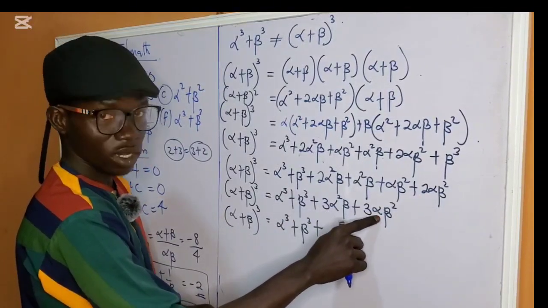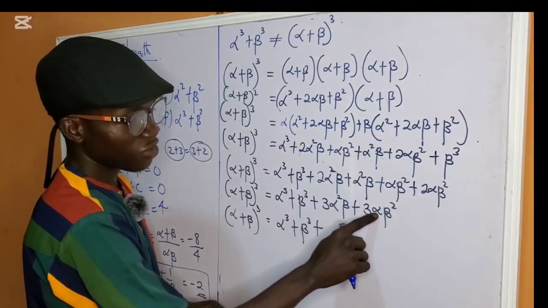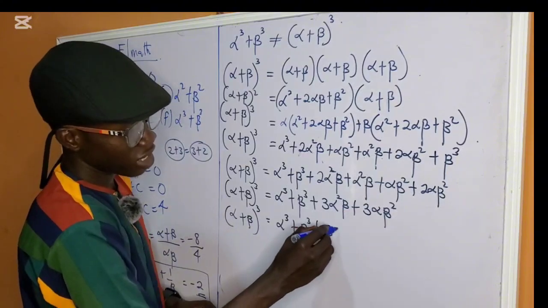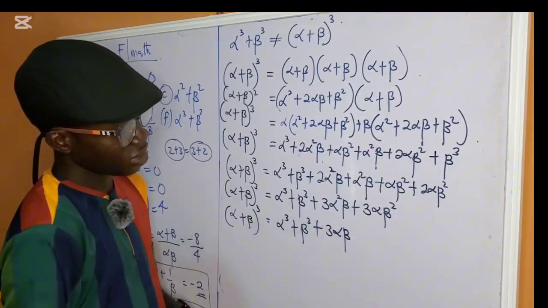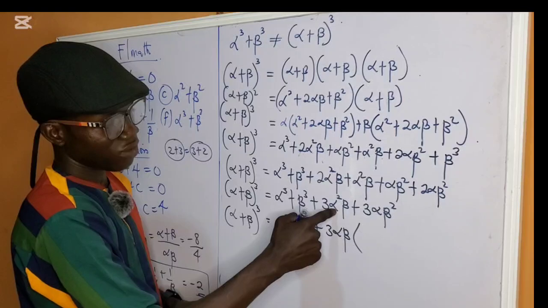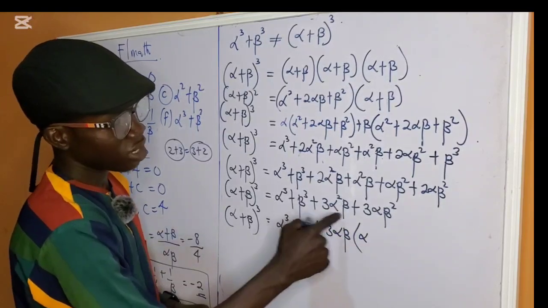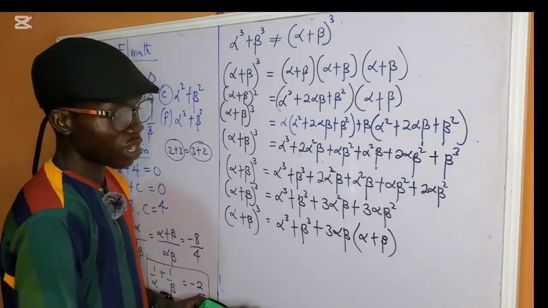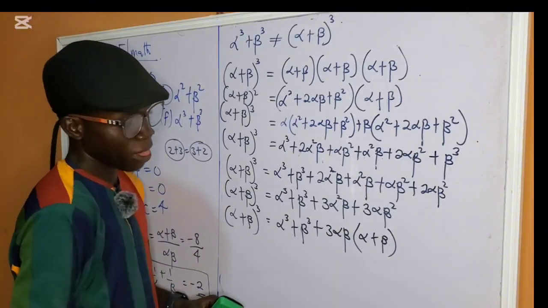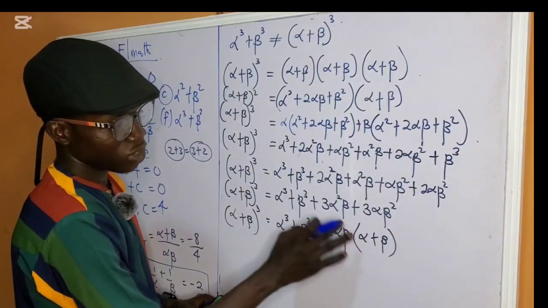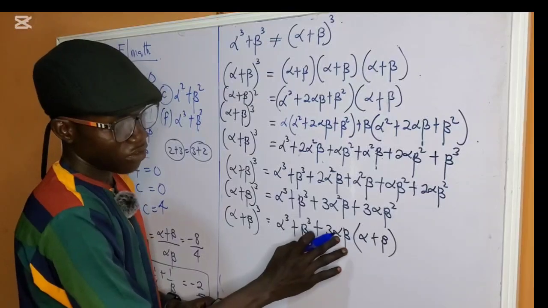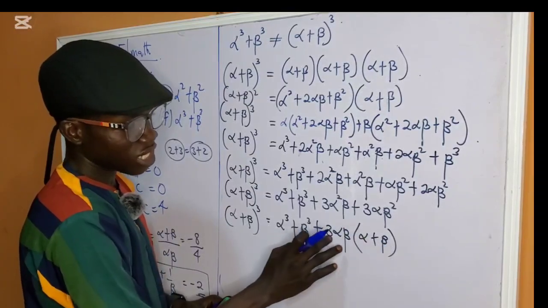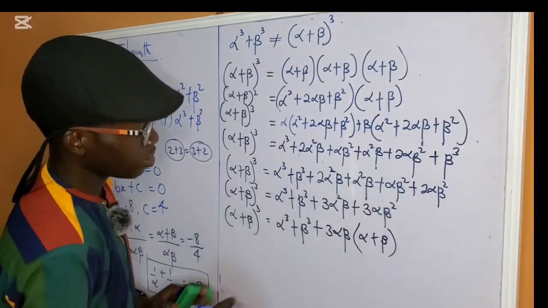Alpha, alpha, right? Alpha, alpha, beta, beta. So you can just write 3 alpha beta, open brackets. What we are going to have left here is alpha. What we are going to have left here is what? Beta. If you want to check if our factorization is correct, 3 alpha beta multiplied by alpha gives us 3 alpha squared beta. 3 alpha beta multiplied by beta will give us 3 alpha beta squared.